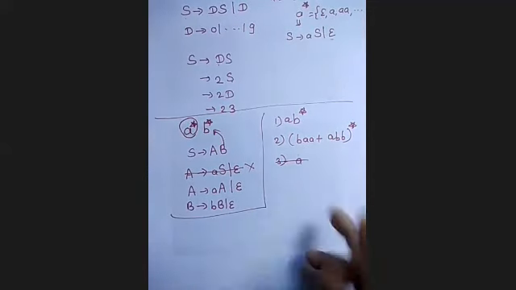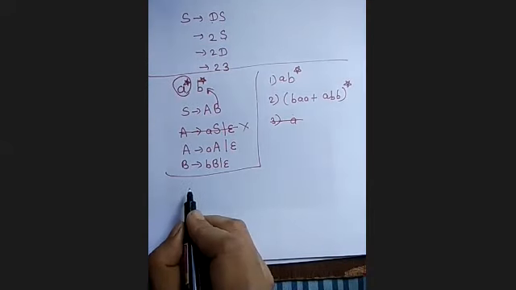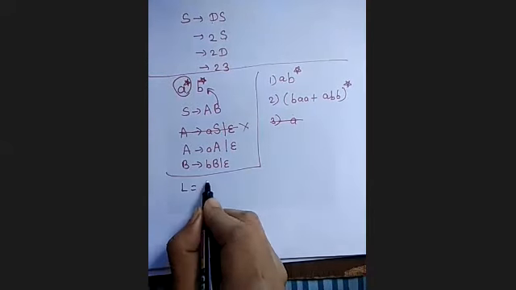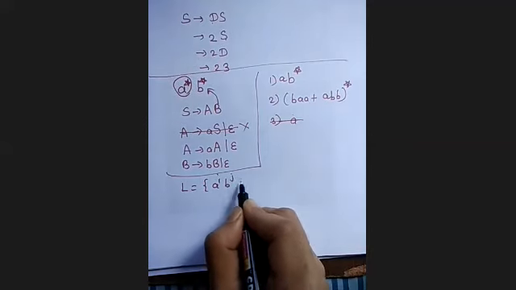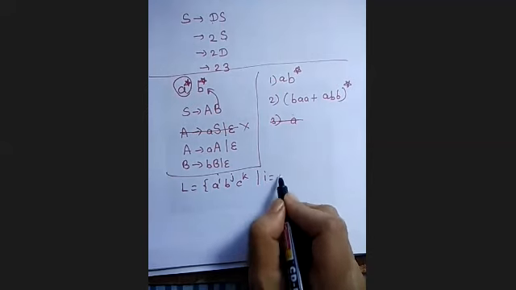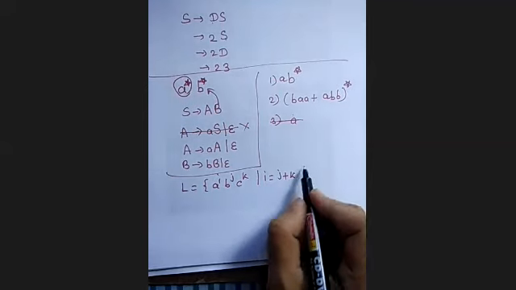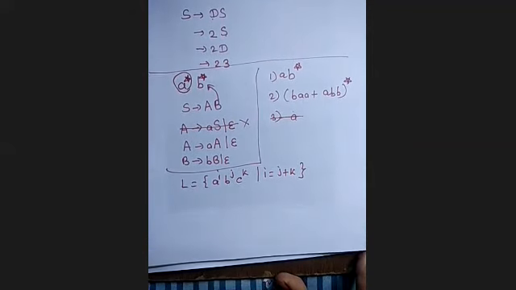Okay, so we'll take the next example. Let us consider my language is A raised to I, B raised to J, C raised to K, where I is equal to J plus K. What is the restriction? Is that clear?